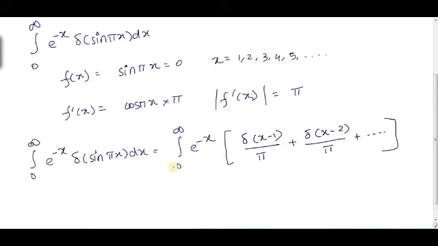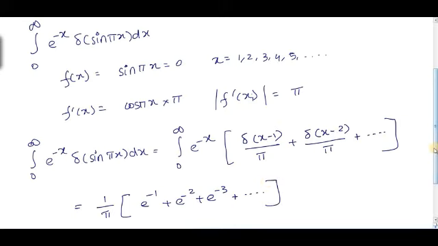Now I can write this as follows. Since these 1, 2, 3 are the centers, and the centers lie between the limits, I can substitute the center in the given function. If I do that, I will get 1 by pi into e power minus 1 plus e power minus 2 plus e power minus 3 and so on.